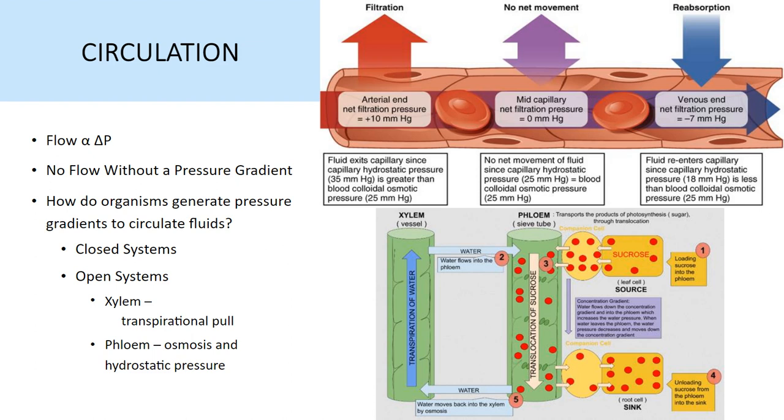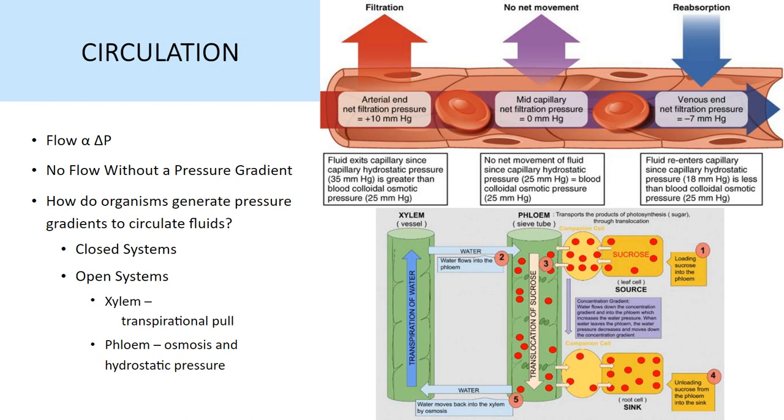In addition to hydrostatic pressure, we can also use this opportunity to discuss osmosis. In animals, hydrostatic pressure drops as blood flows through the circulatory system, so much so that the proteins that remain at the venous end of a capillary bed create an osmotic pressure that exceeds the hydrostatic pressure and draws fluid back into the capillary.